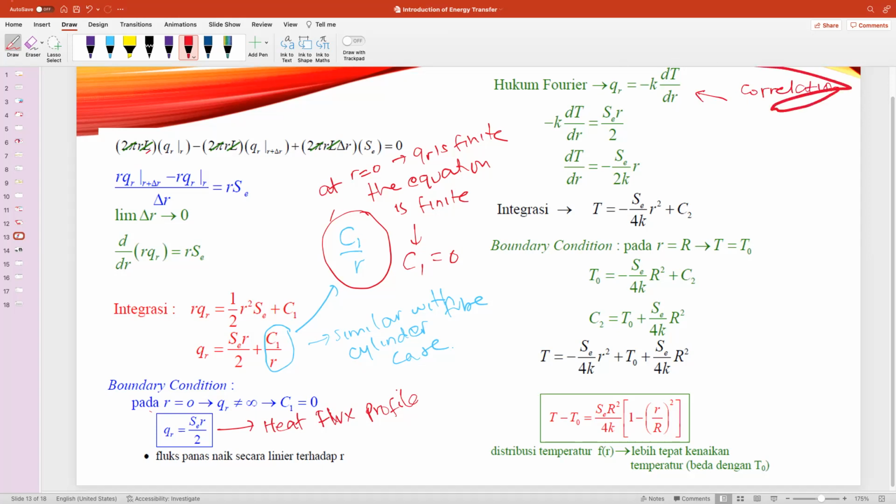between heat flux and temperature. Okay, so this one again you can apply because it's a cylindrical tube, cylindrical coordinate.